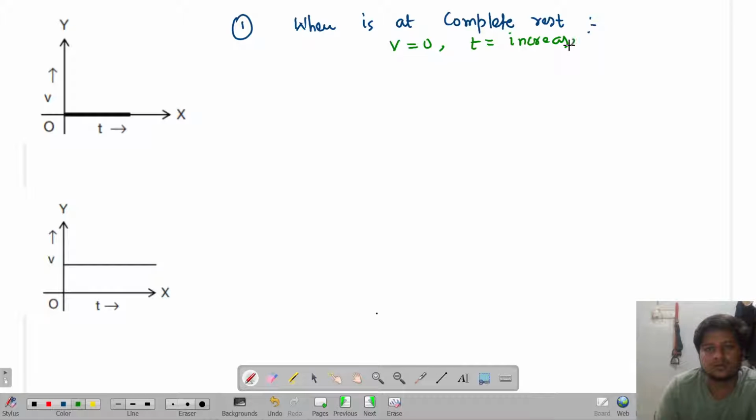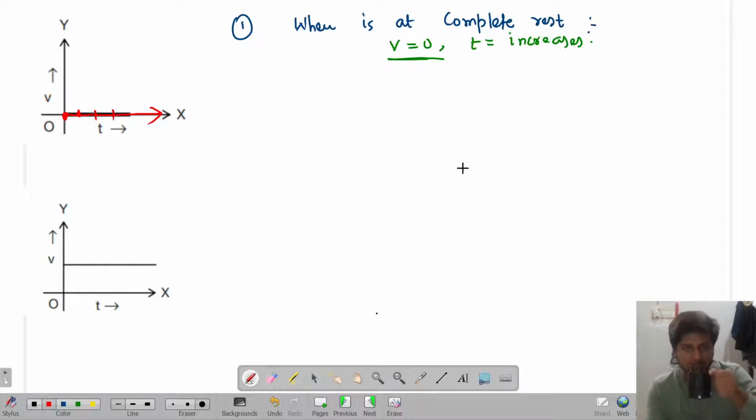So how will I draw that graph? At t equal to 0, velocity is 0. At t equal to 1 second, velocity is 0. At t equal to 2 seconds, velocity is 0. At t equal to 3 seconds, similarly, velocity is always 0. So I'll get a straight line lying along the time axis.